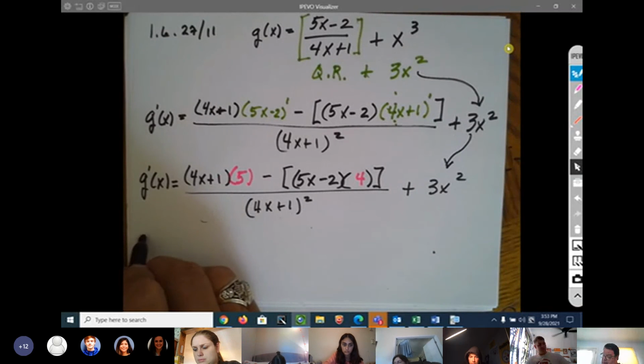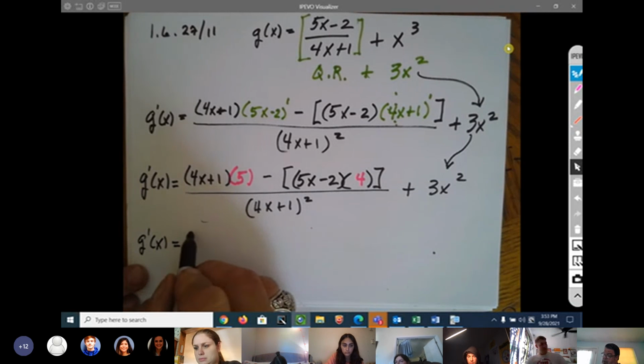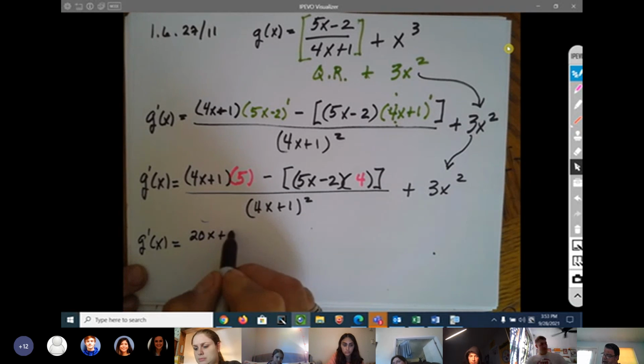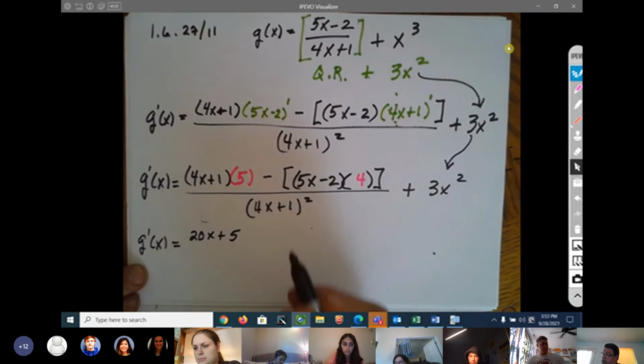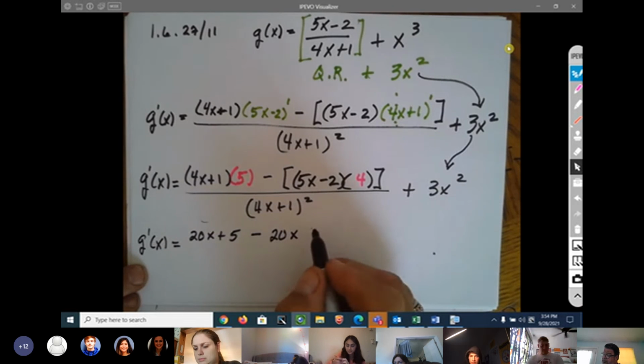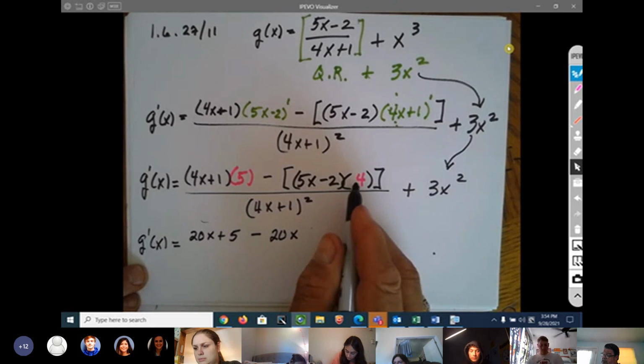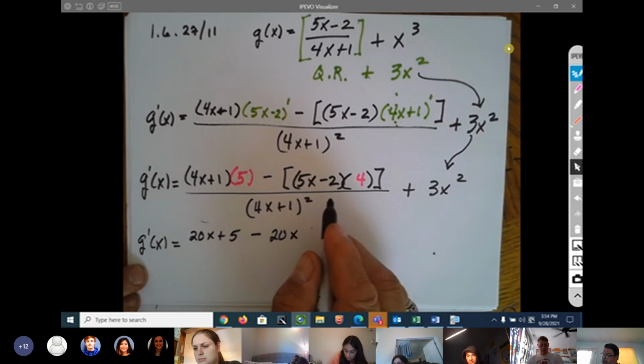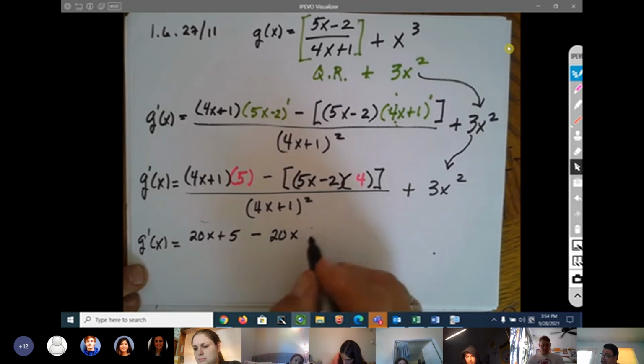All right. So g prime of x is equal to 20x plus 5 minus 20x. Oops, that's going to be a negative. So that's negative 4, negative 20x plus 8.